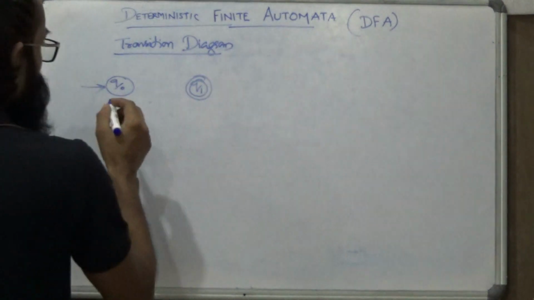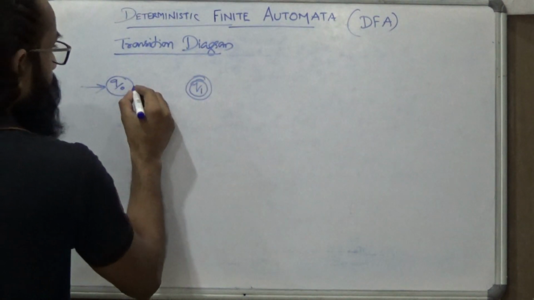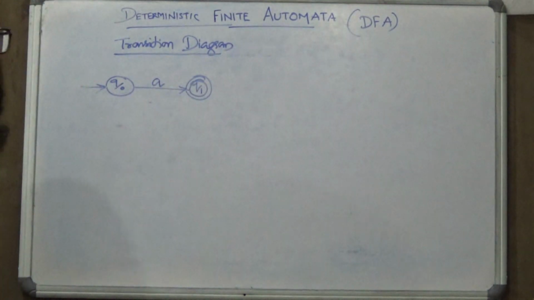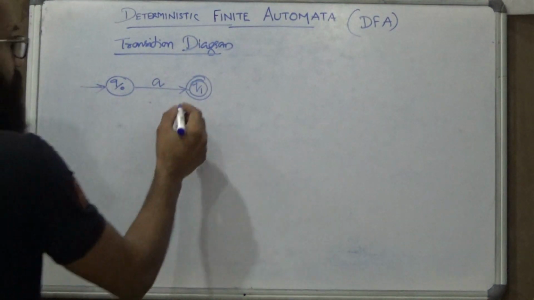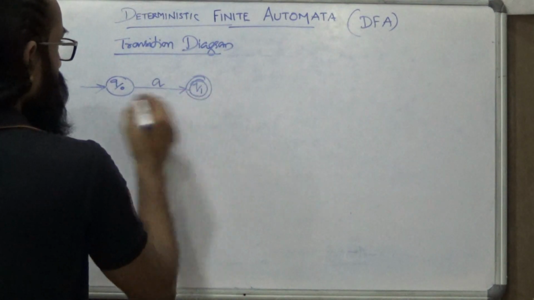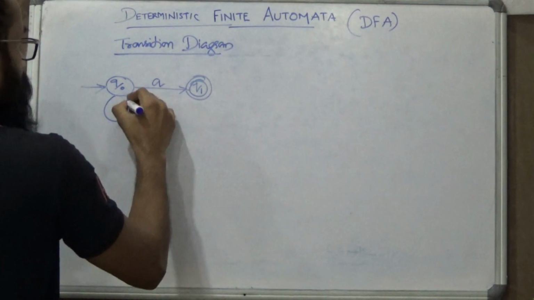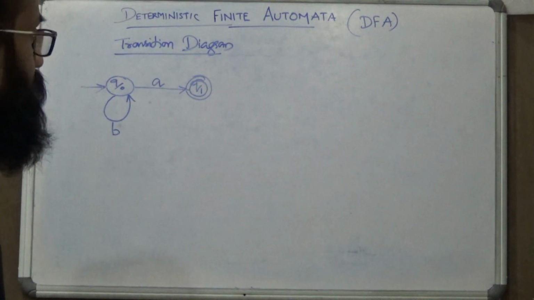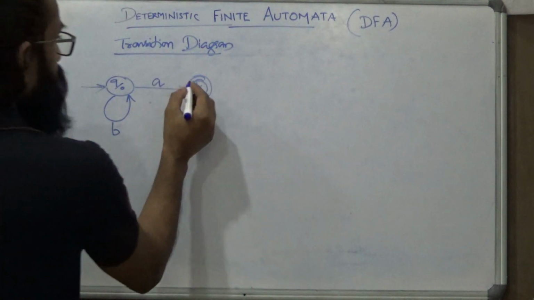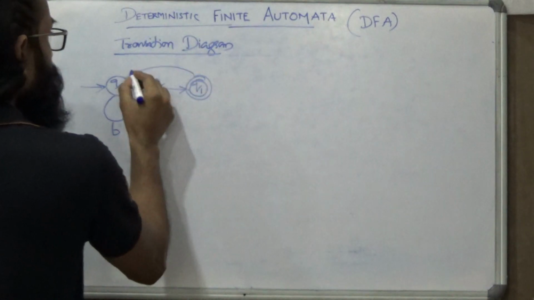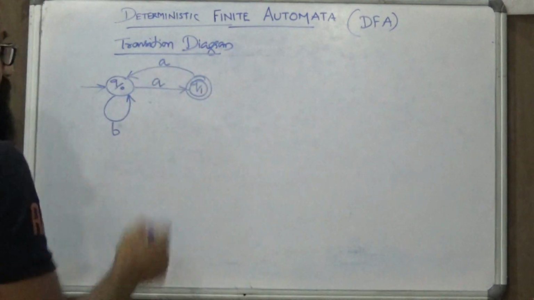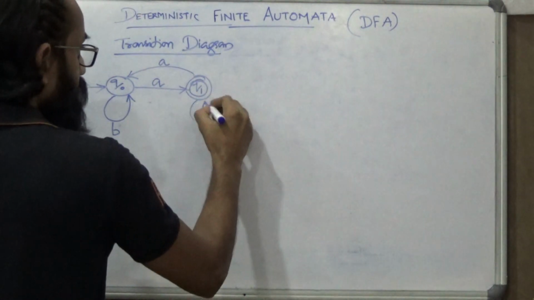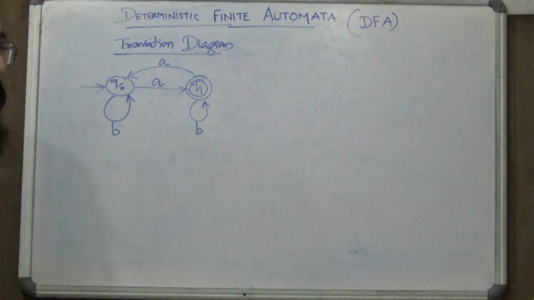From Q0, assume that for input A it goes to state Q1, and from Q0 for input B it remains in the same state. Now from Q1 for input A, let the machine go to state Q0, and from Q1 for input B, let the machine remain in the same state.